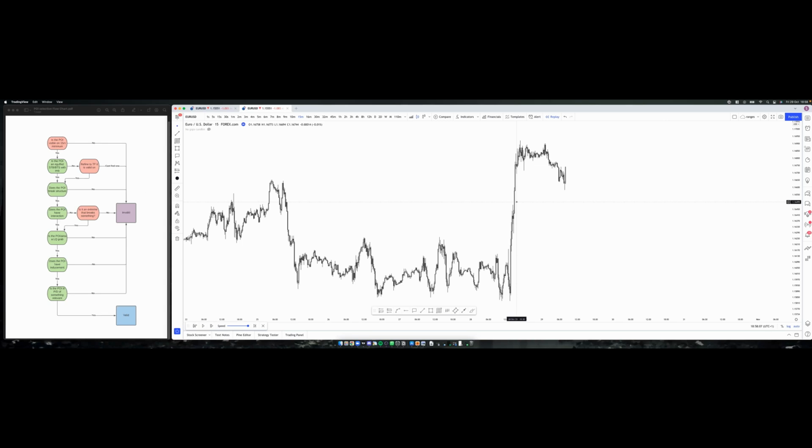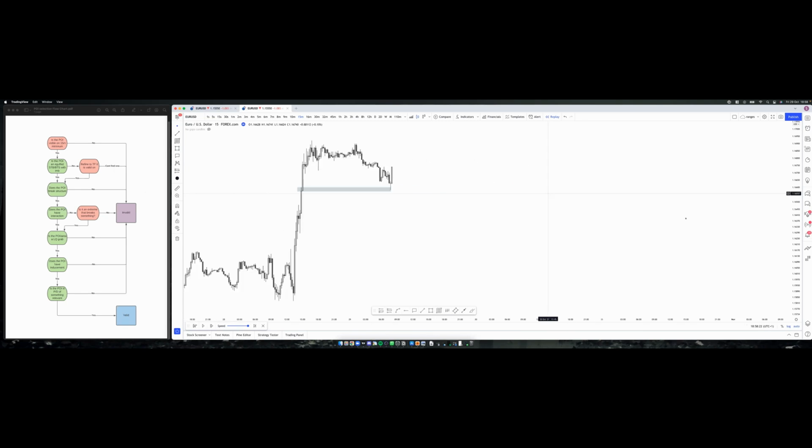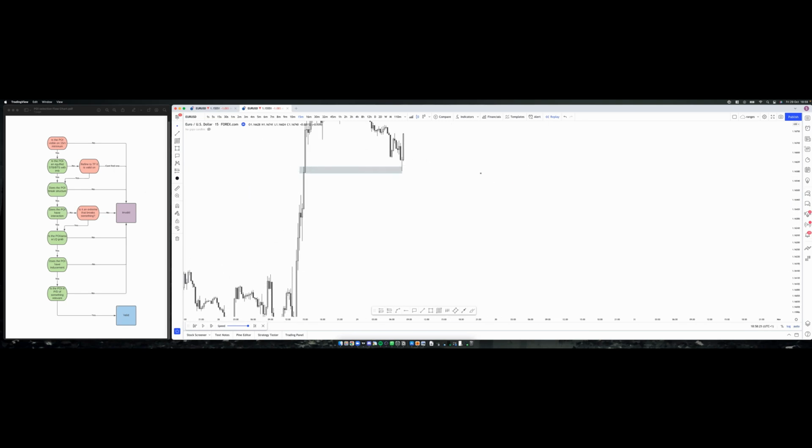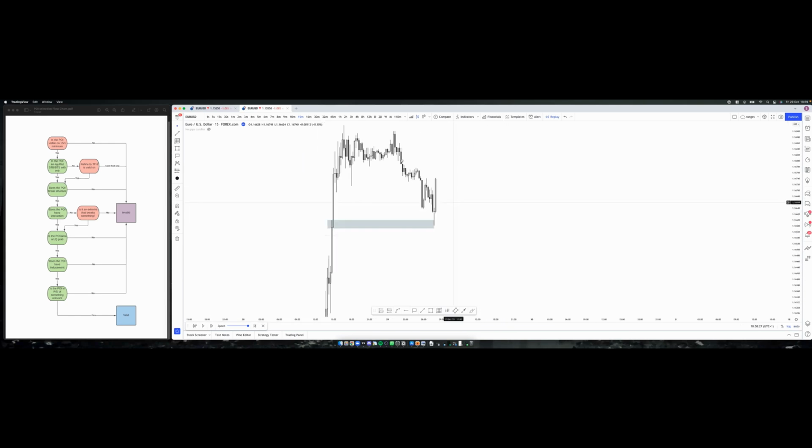So the continuation idea comes actually from here. It looks like there's quite a nice long in there, around 7:45, right? But then here, our structural idea is we're potentially going to see a deeper retracement.